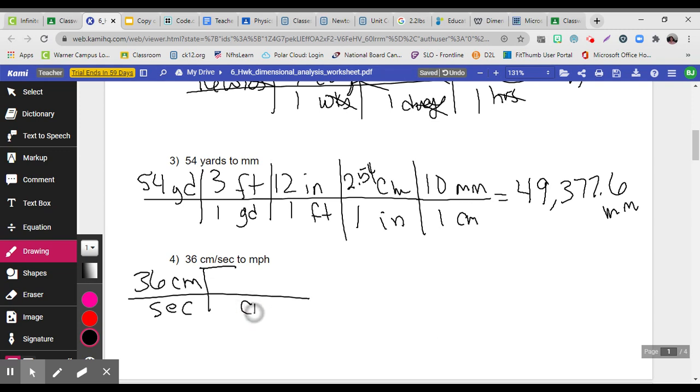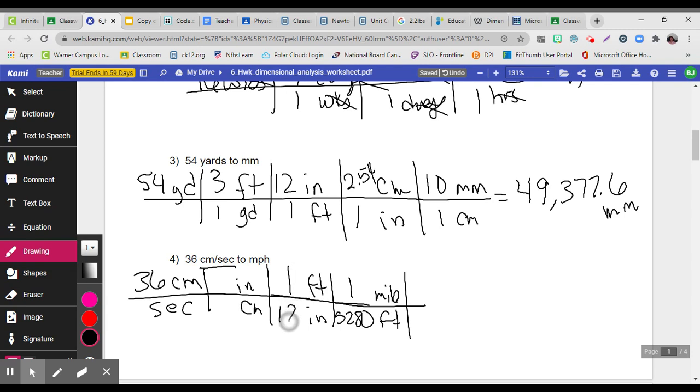We know centimeters to inches, inches to feet, and feet to miles.